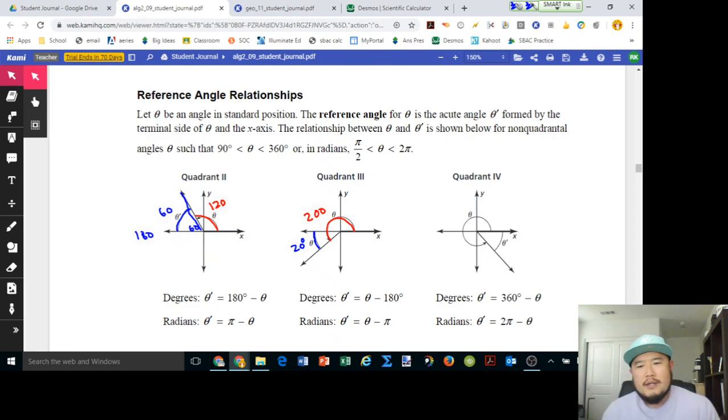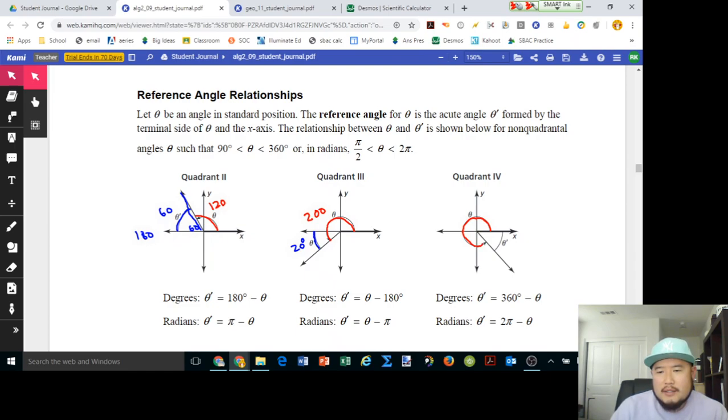If we take a look right here on quadrant number 4, from here to here, we'll start with our initial side. We'll go all the way around. Remember, that's 180. This is 270.